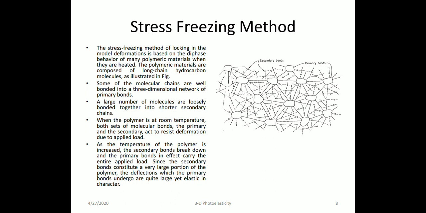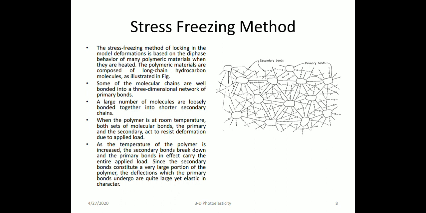try to resist the deformation. Usually primary bonds are very strong bonds, and secondary bonds we call weaker bonds or shorter secondary chains. As the temperature of this polymer is increased, what happens?